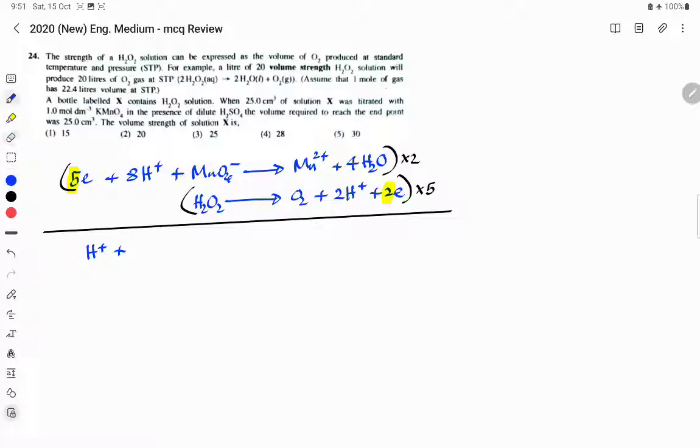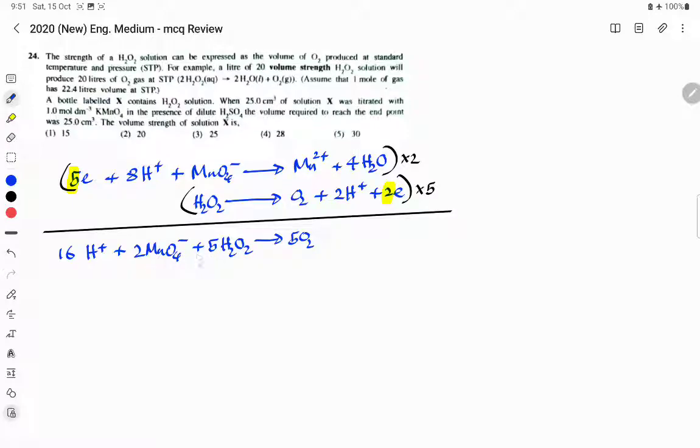16H plus, 2 into 8 is 16, 2 MnO4 minus, and 5 H2O2 gives 5 O2. You don't have to write the whole reaction here, but for the understanding, I'll write the whole reaction.